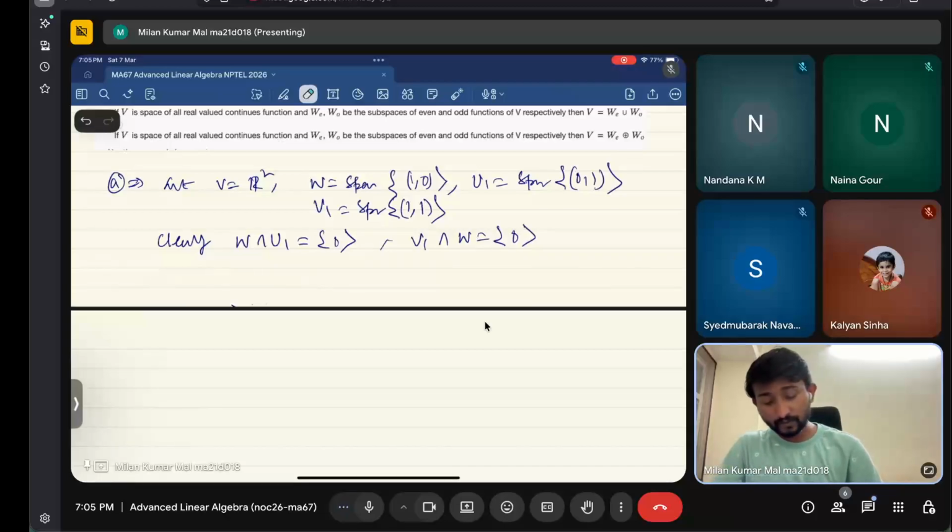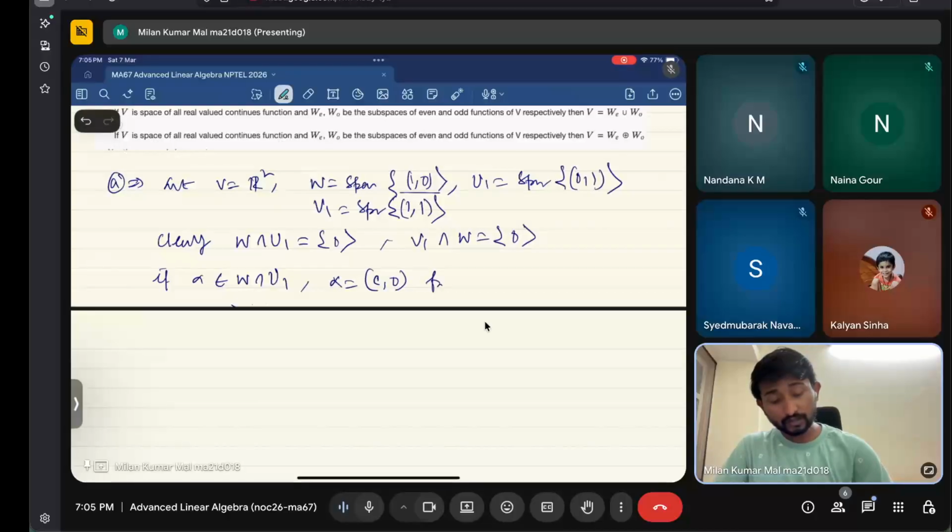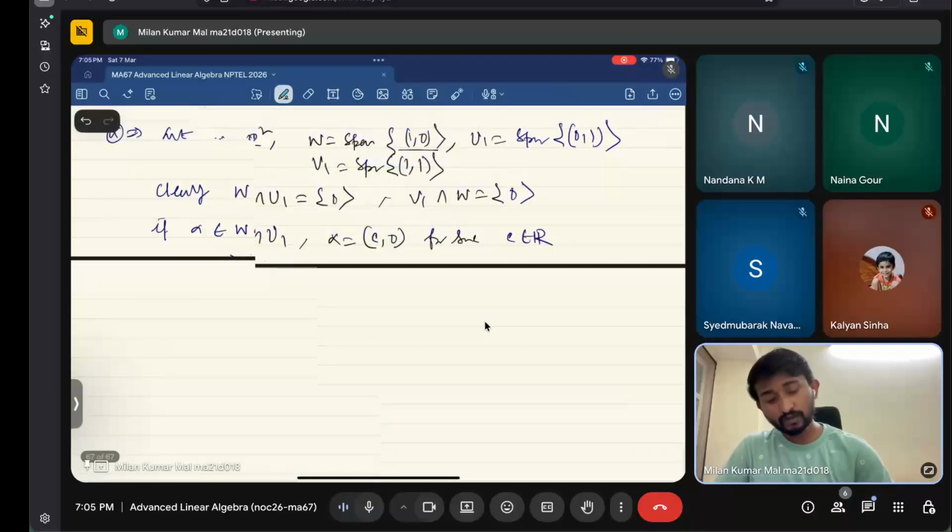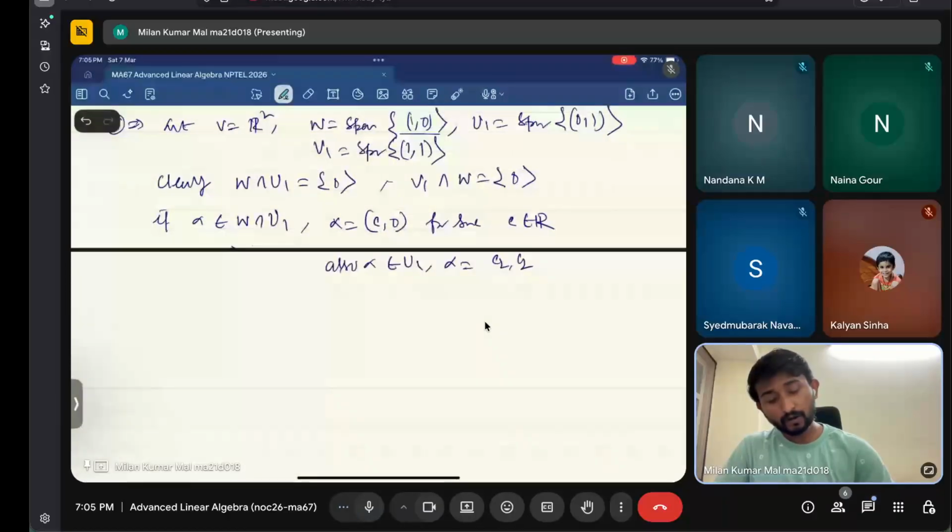If alpha is in W intersection U1, then alpha being an element in W will be some scalar multiple of (1, 0). So alpha is equal to (c, 0) for some c in the real line, and alpha being an element in U1 is equal to (c2, c2), because that will be a scalar multiple of (1, 1).